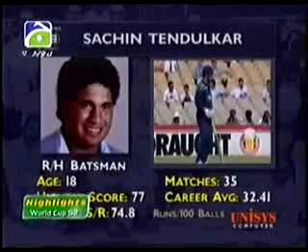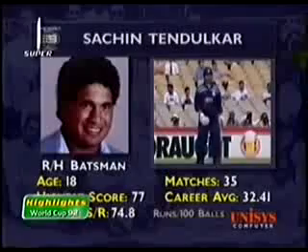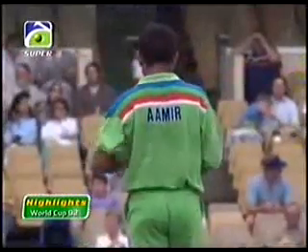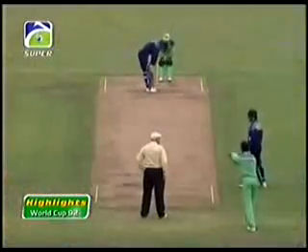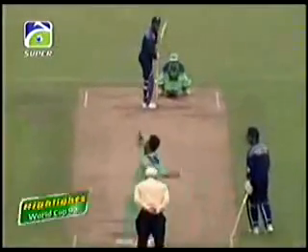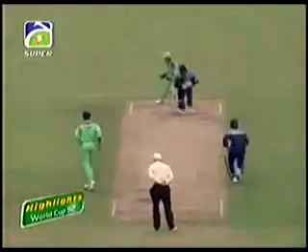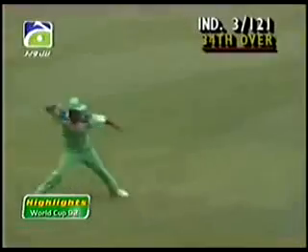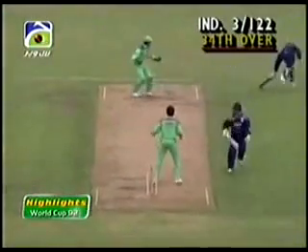Sachin Tendulkar comes out to join Vinod Kambli. This is Aamir Sohail, slow left arm. They'll turn this one behind square. They'll look for two, and they're going to come back for two.